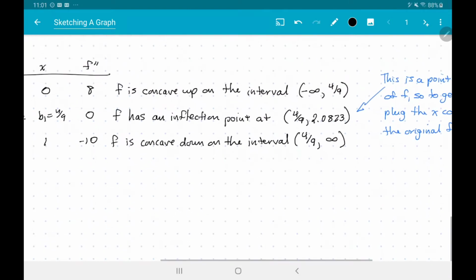Now that we've got all the information, let's sketch the graph. First, let's just be sure that we agree on the x-coordinates, the x range, and the y range.